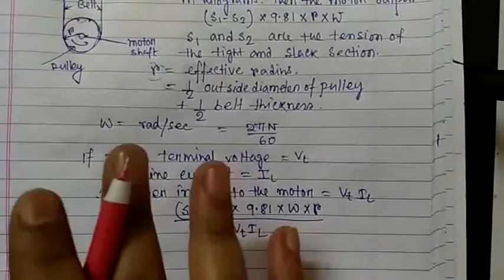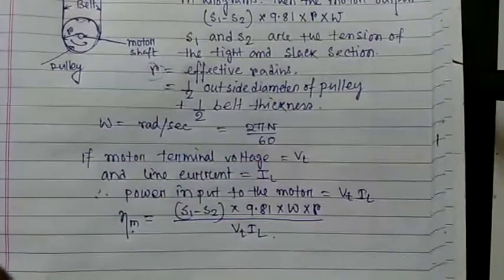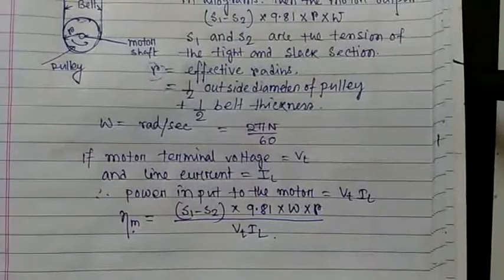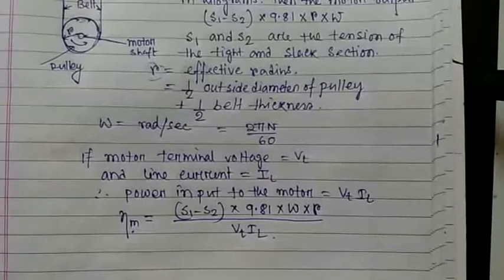Actually, this is also called the brake test of the motor. We have already performed in our lab the brake test of a DC shunt motor. Now, what is the disadvantage of this method?